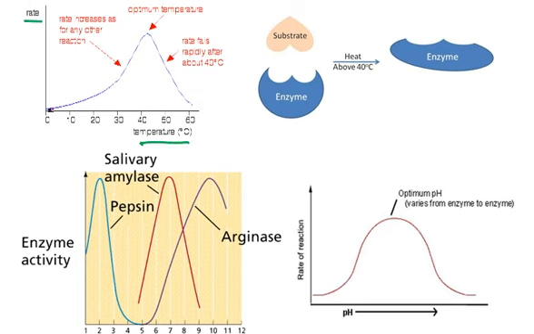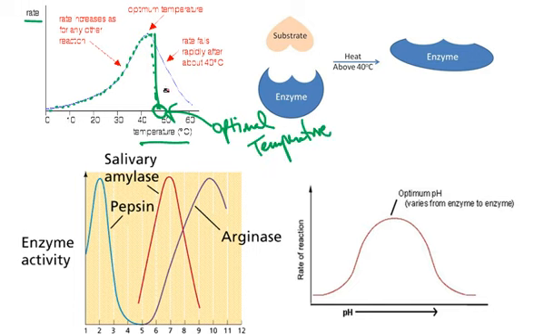What we see here is the temperature increases, the rate of the reaction increases up to a certain point. This point right here is the optimal temperature for that enzyme.